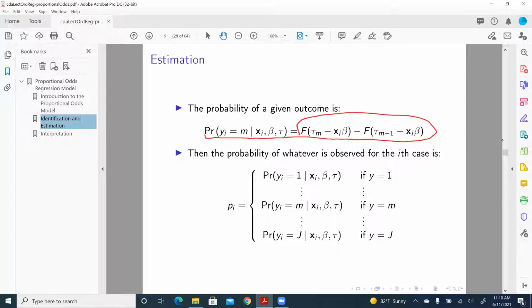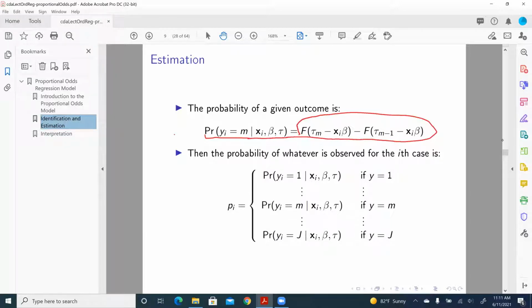If the error term follows a standard normal distribution instead, then the cumulative density function is going to become the cumulative density of a standard normal. What we're going to have is an ordered probit model.